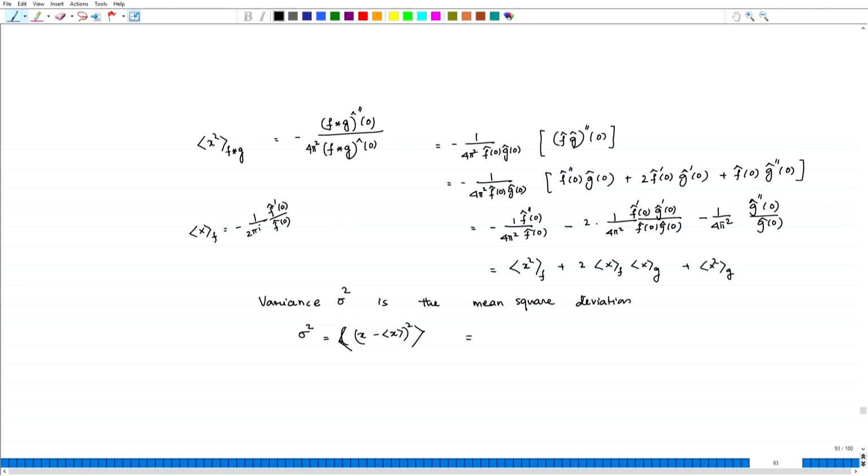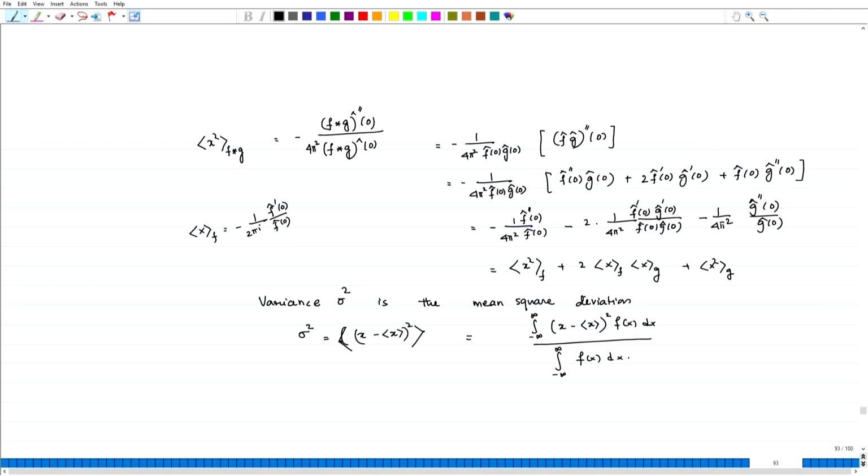Just for the sake of writing it, this is equal to integral minus infinity to infinity x minus the centroid, square, f of x dx divided by integral minus infinity to infinity f of x dx.